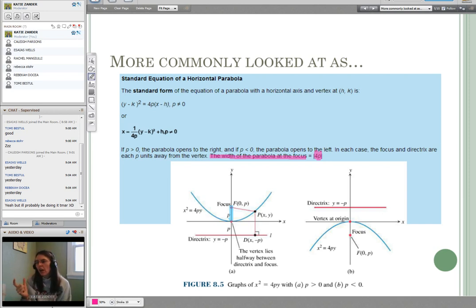We'll be given a couple of equations that set us up by telling us what the width is. If they give us the width, we can then work backwards to find the equation for the parabola. So that's why I'm just noting that now, because some of our examples will tell us what the width is, and we'll need to know what that's exactly representing so we can take an equation away from it.